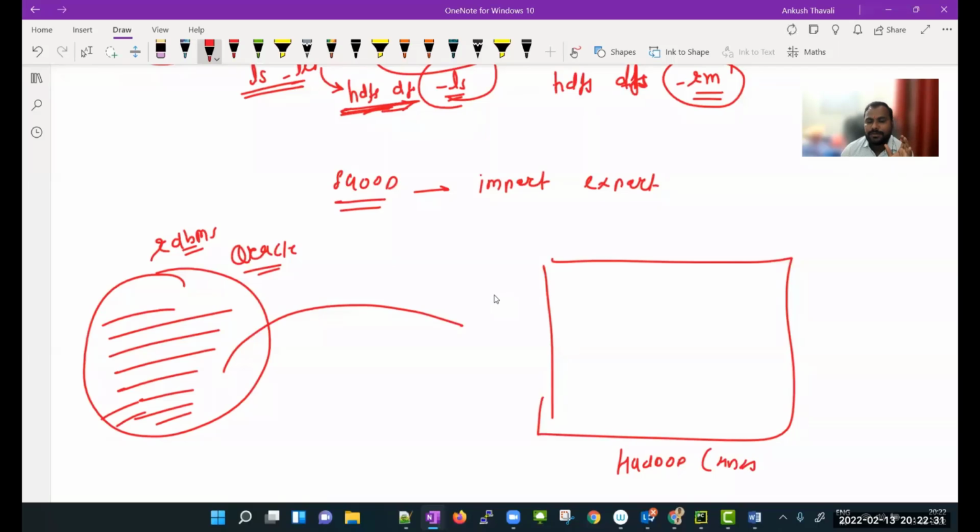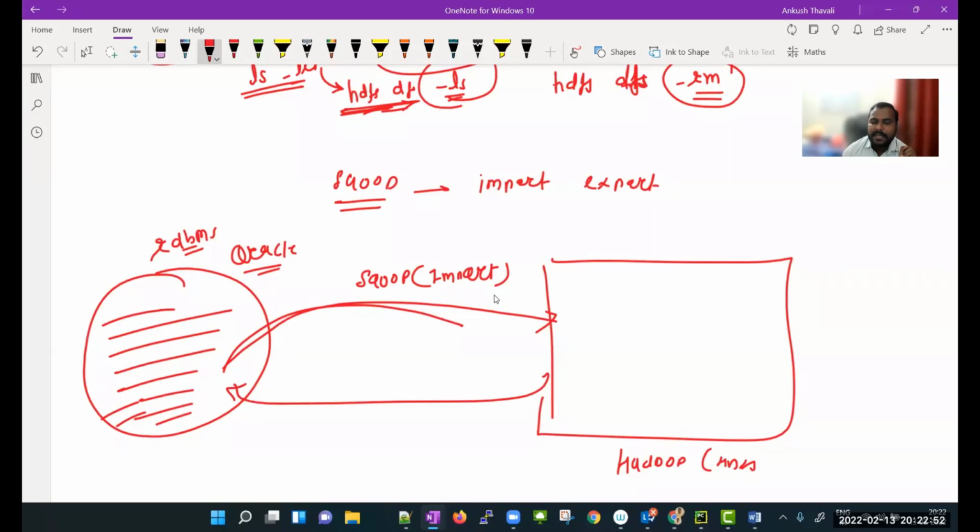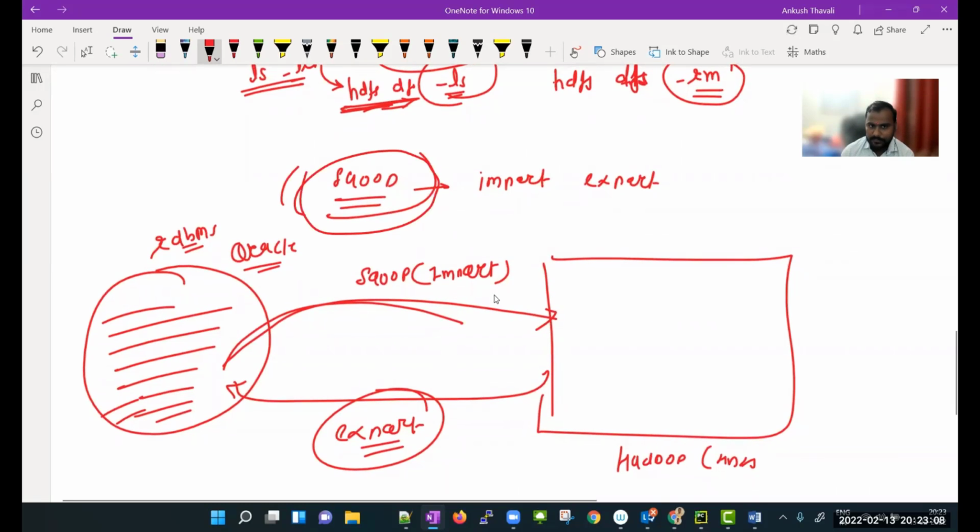So whenever you are in a situation where you need to move your data from RDBMS to Hadoop, you need to use Sqoop. Sqoop will import the data from your Oracle to HDFS, or it can export the data from here to here. Both things are possible. So whenever you need to deal with RDBMS to Hadoop, Hadoop to RDBMS, you need to use a component called Sqoop. Very important.